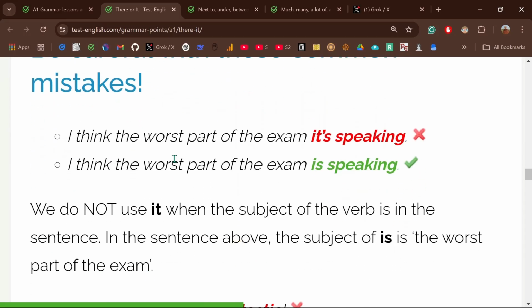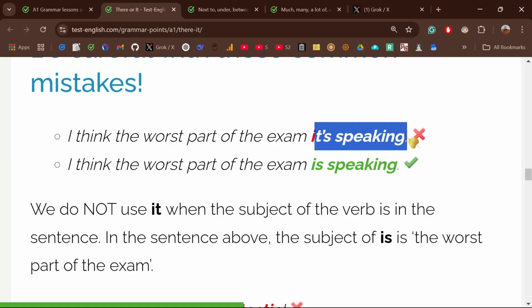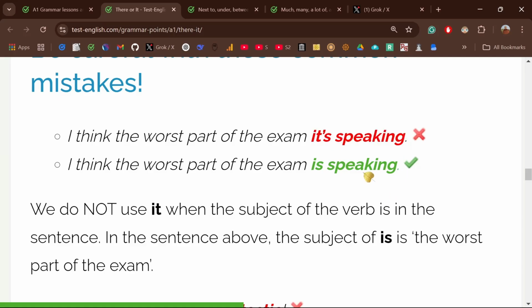Common mistakes. "I think the worst part of the exam, it's speaking." What is the problem? No "it". The worst part of the exam is speaking.